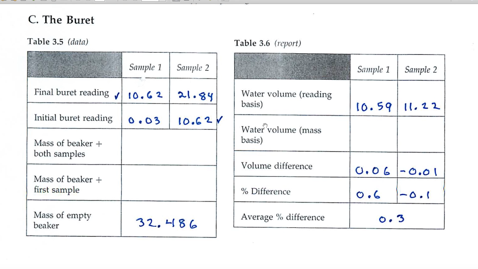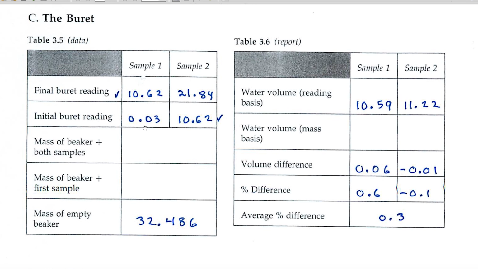For the report on Part C, I've subtracted the initial burette reading from the final to get sample 1. The final burette reading for sample 1, I've subtracted that from sample 2 to get the volume for sample 2. The mass basis, you'd get those by using the weights that you have in table 3.5.